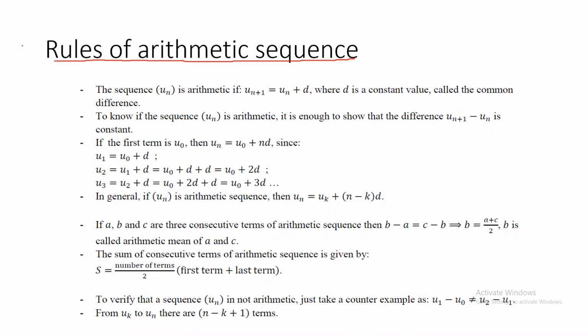The first rule, which we took before from the definition: the sequence u_n is arithmetic if u_(n+1) equals u_n plus d. To prove arithmetic, we have to prove u_(n+1) minus u_n equals d, where d is a constant value called the common difference.